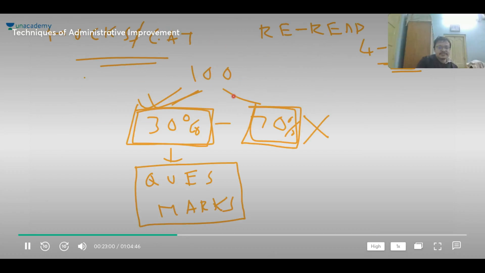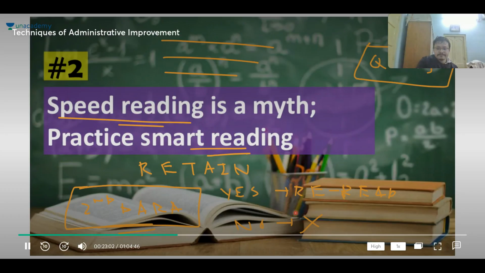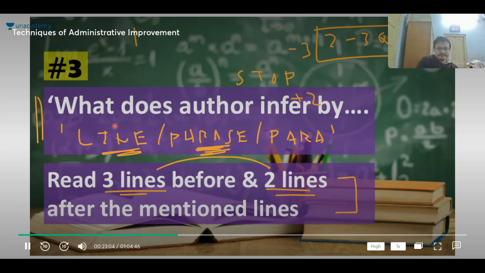Any questions thus far? Any questions thus far on whatever we've discussed as far as RCs are concerned?